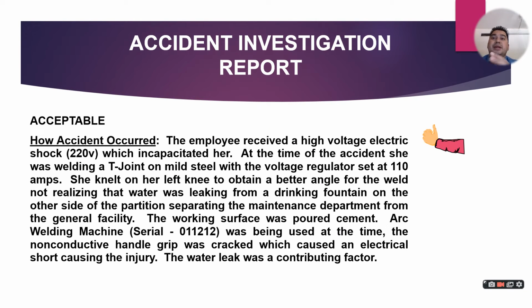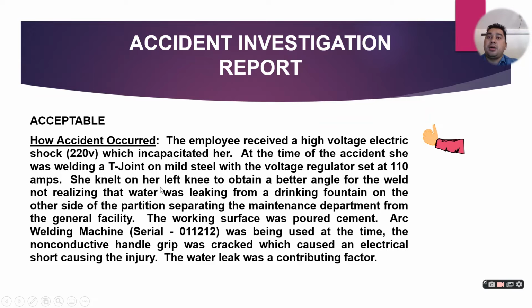Acceptable. How accident occurred? The employee received a high voltage electric shock. What is high voltage? What is the voltage? It is 220 volts, which incapacitated her. At the time of the accident, she was welding a T-joint on mild steel with the voltage regulator set at 110 amperes.